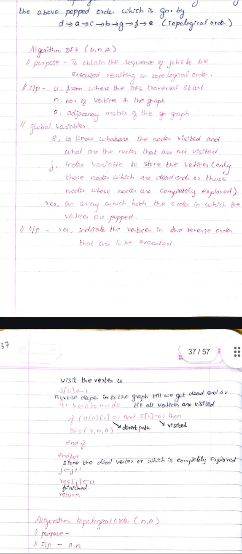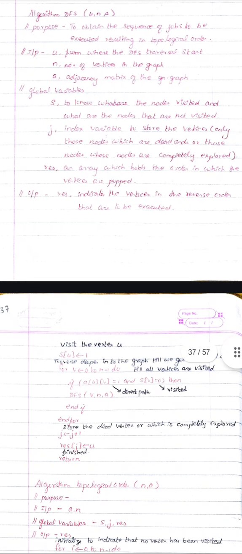Global variables: S, to know which nodes are visited and which nodes are not visited. For that we use the S array. J is an index variable to store the vertices, only those nodes which are dead ends, or those nodes which are completely explored.